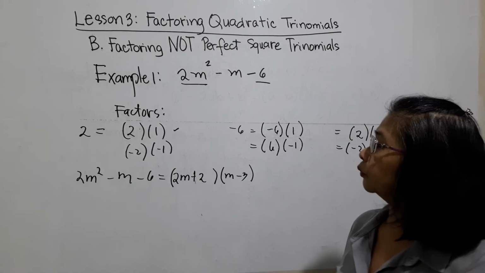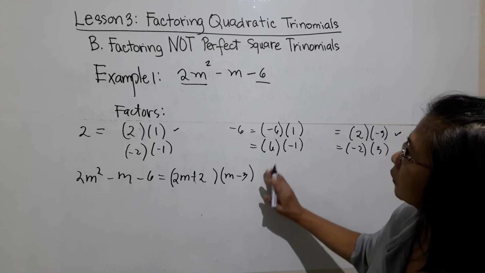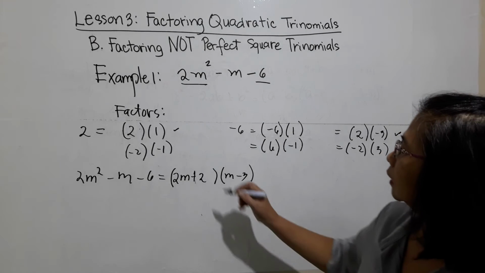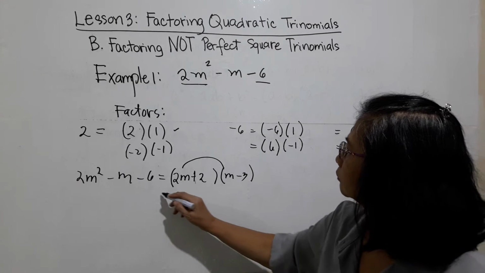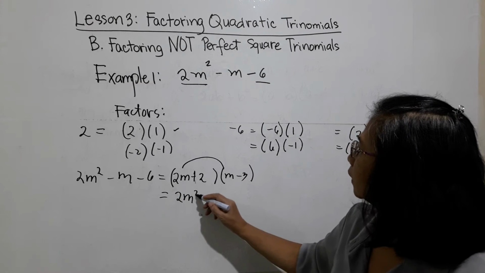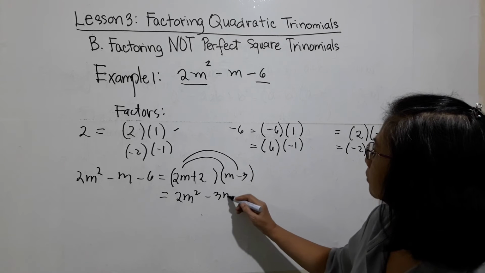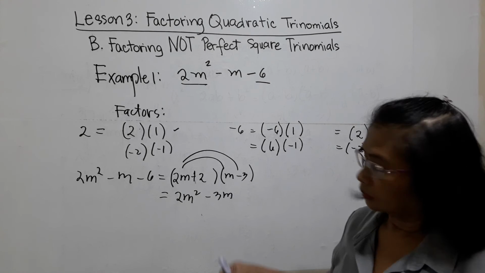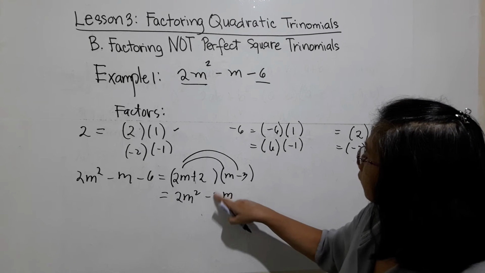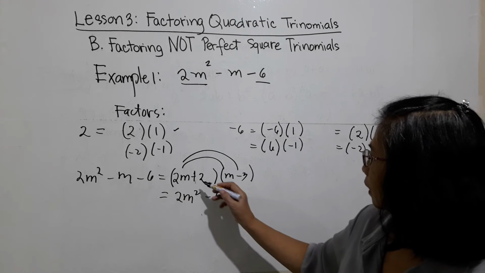To do the check whether these factors are the correct factors of the given trinomial, we can do the FOIL again. So we have 2m squared minus 3m, 2m times negative 3 is negative 6m.